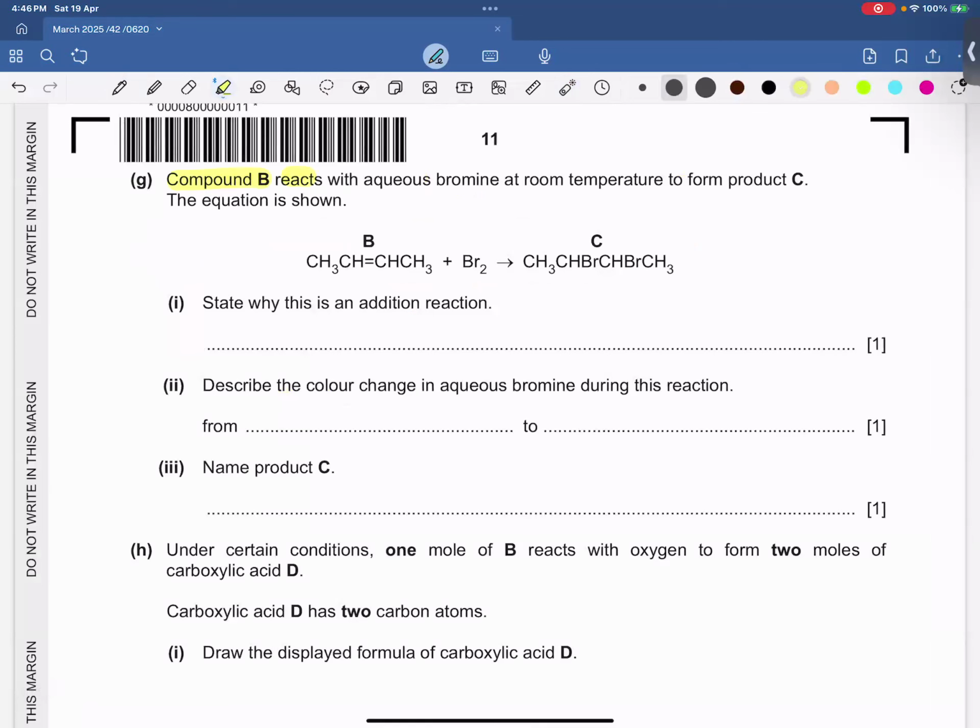Compound B reacts with aqueous bromine at room temperature to form product C. The equation is shown. When butene reacts with bromine, you will get this product. I've discussed this in the class; you can check the notes. Suggest why this is an addition reaction: because only one product is formed.